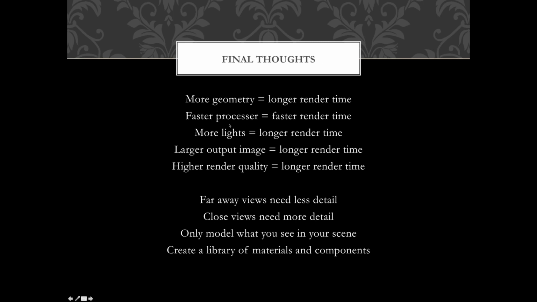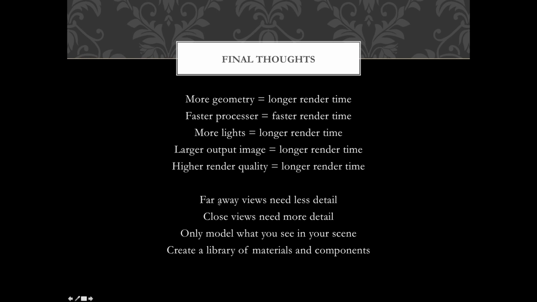And some final thoughts about modeling. More geometry, of course, is going to take longer to render. So if you have tons of plants, it's going to take longer to render than if you just have a rectangle on the ground. The faster your processor, the faster your render time. More lights take longer.